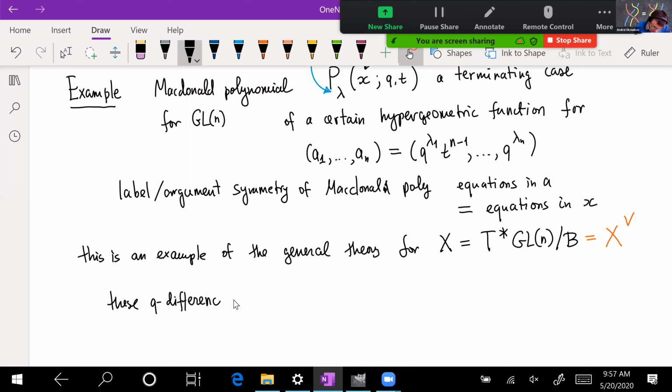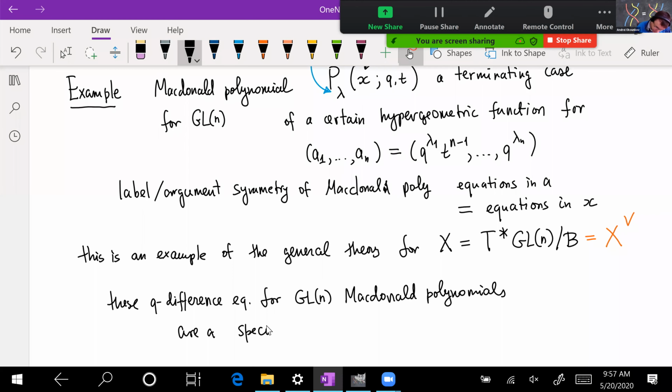But the Q-difference equations for GLN Macdonald polynomials are a special case of so-called dynamical equations.